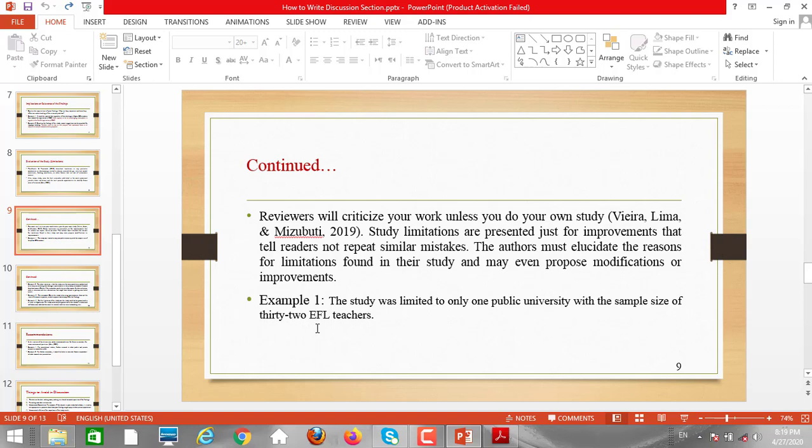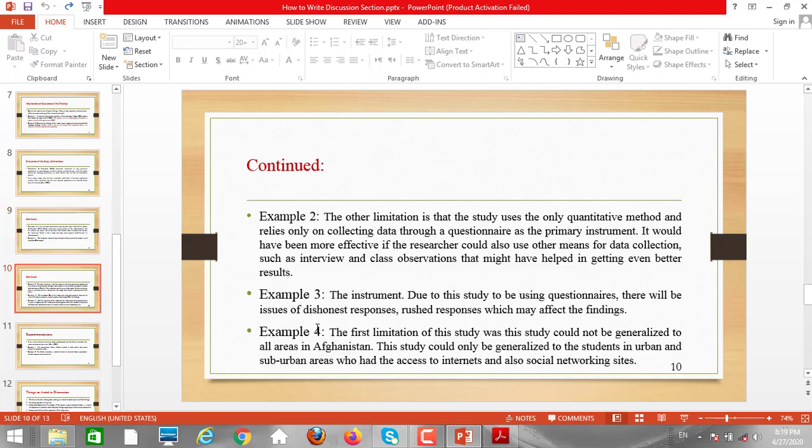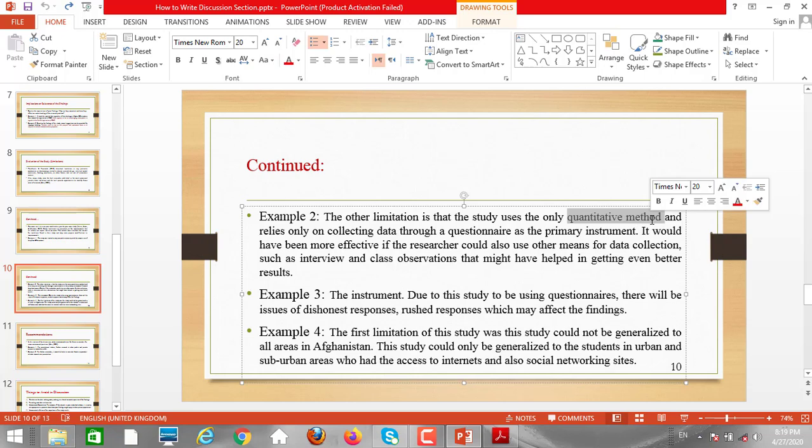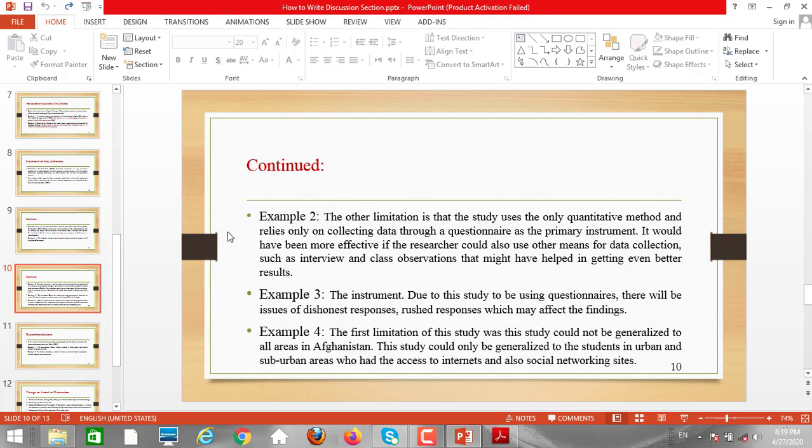To give you a clear picture, there are some other examples in the following slide. In this example too, as you can see, my limitation can be the quantitative approach.